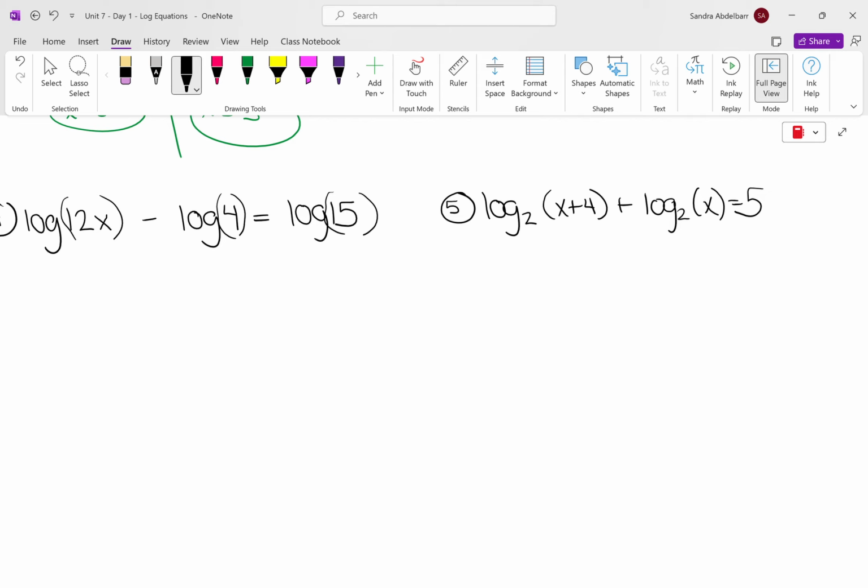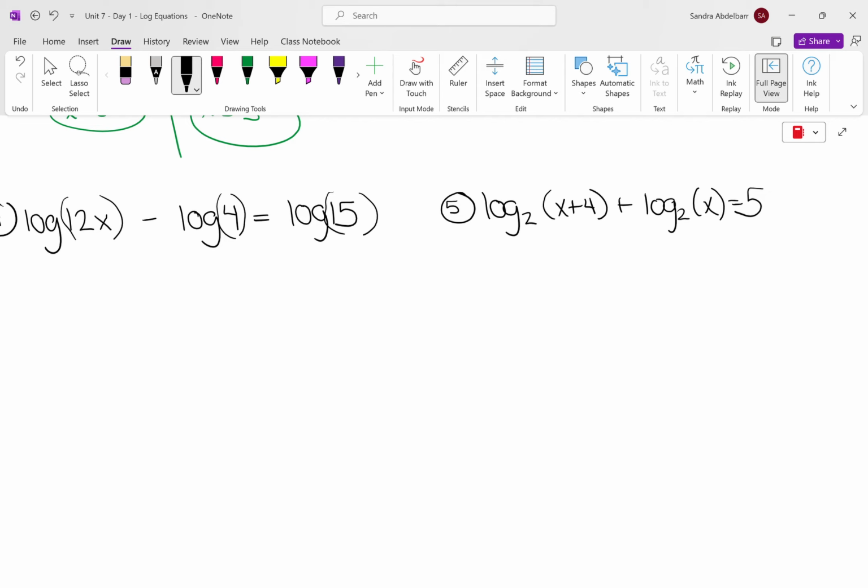This side first. So that's log subtraction. What can we change log subtraction into 1 log with what between them? The arguments. Division. So you're going to have 1 log, 12x, right? First argument divided by the second argument equals 1 again.